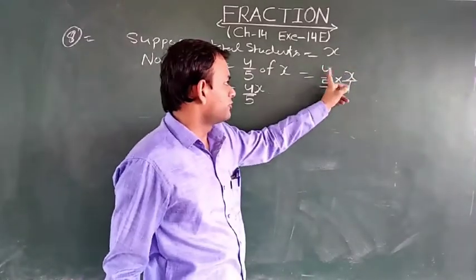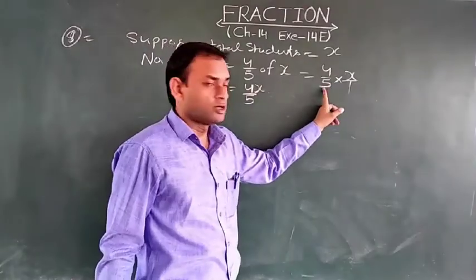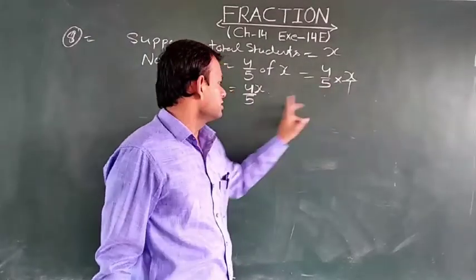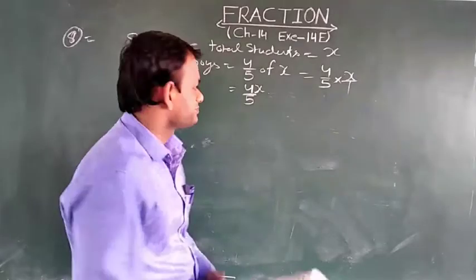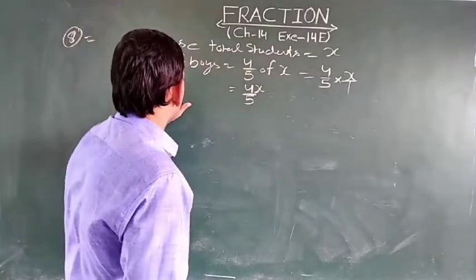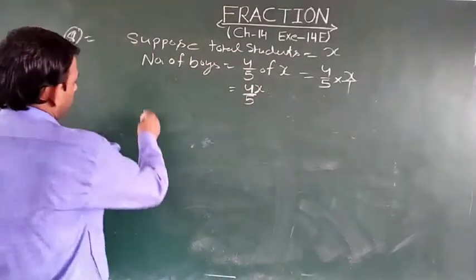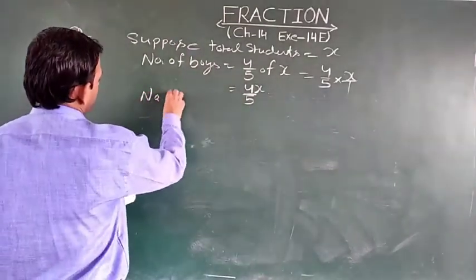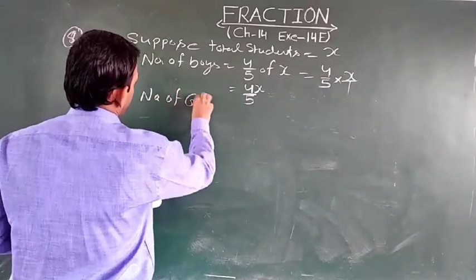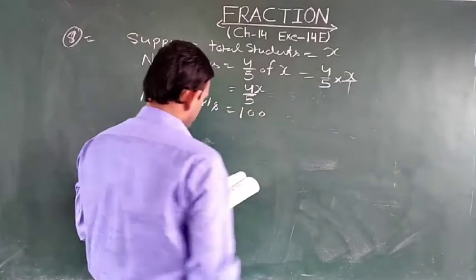Then you will multiply 4 into x, numerator into numerator, you will get the 4x, and then denominator to denominator, you will get the 5. So total student x, number of boys is equal to 4x upon 5, and number of girls is already given in the question. Number of girls is equal to 100.